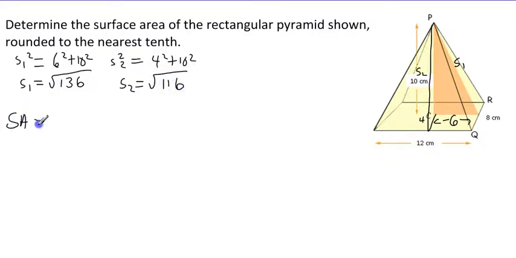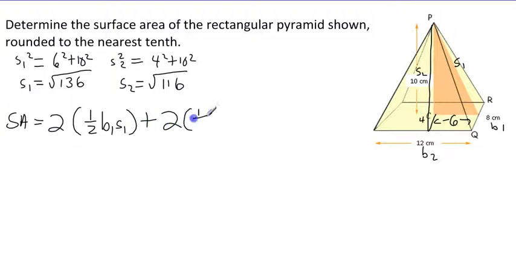The surface area is going to be 2 times 1/2. All right, if that's S1 and this is B1, that's B2, okay, so it's going to be B1 S1 plus 2 times 1/2 B2 S2 plus B1 B2, right?